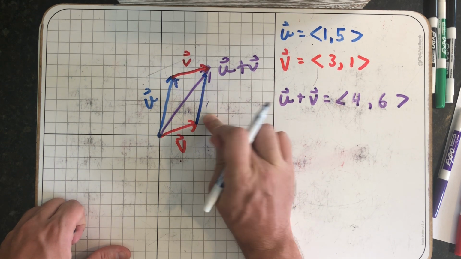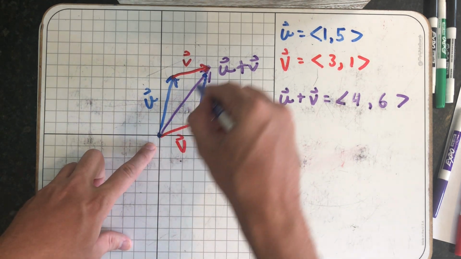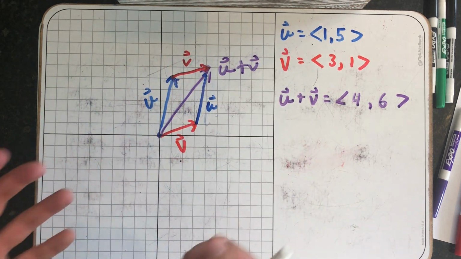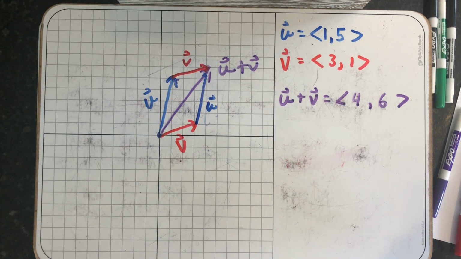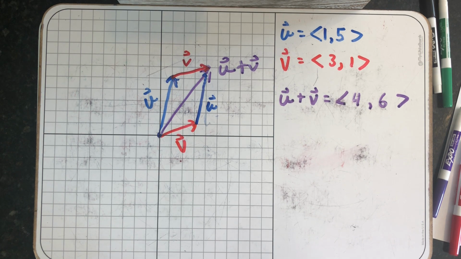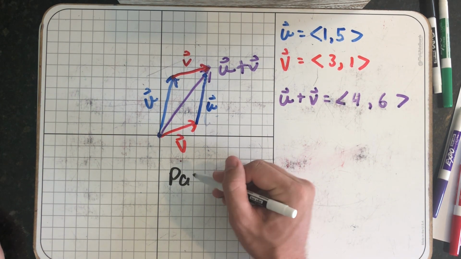And so what I see now is this vector u plus v on the inside of a parallelogram, where all of the sides of that parallelogram are the vectors u and v. This is called the parallelogram law.